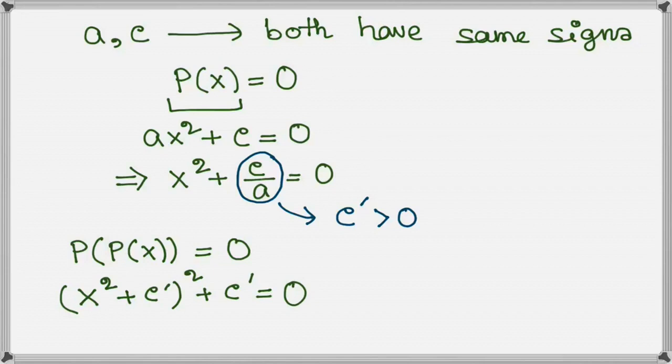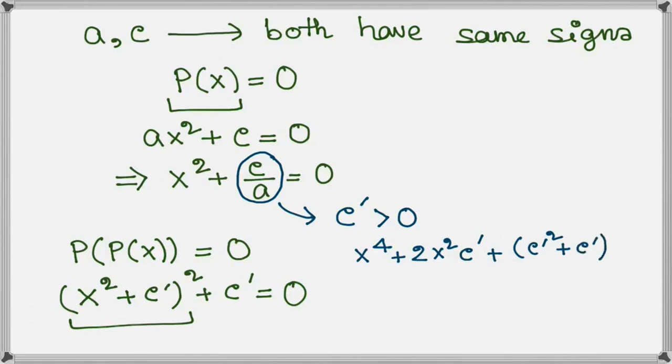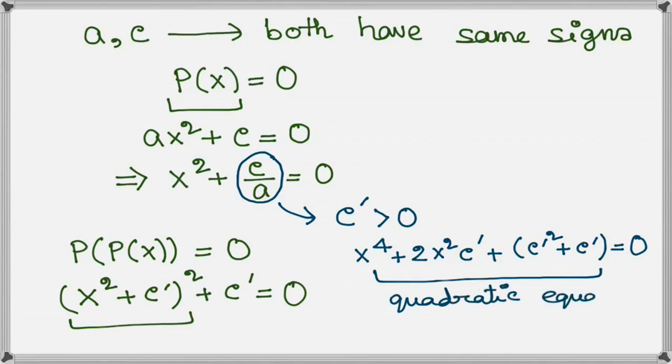Now let us split this part. After splitting we get x to the power 4 plus 2x square c prime plus c prime square plus c prime is equal to 0. Note that this is a quadratic equation in x square. So let us solve this for x square.